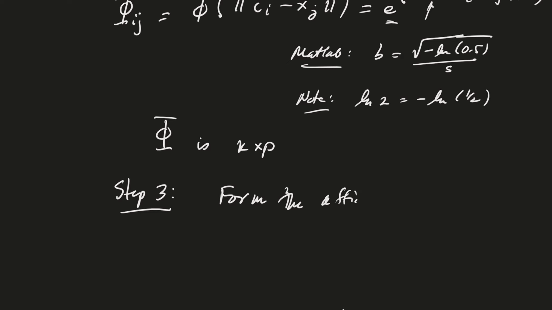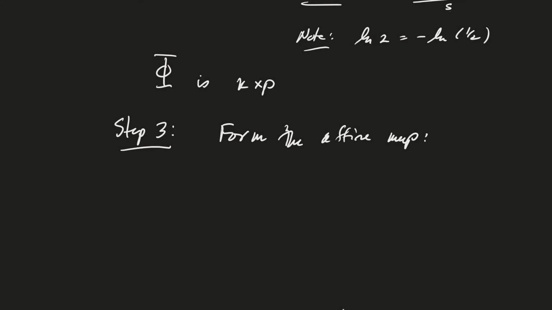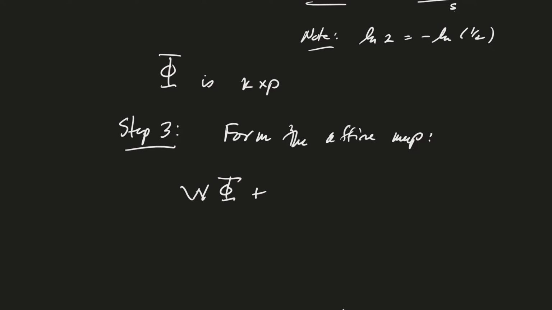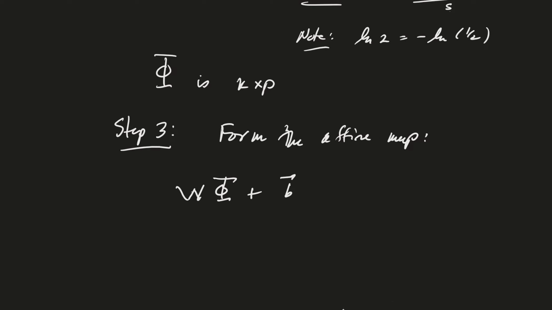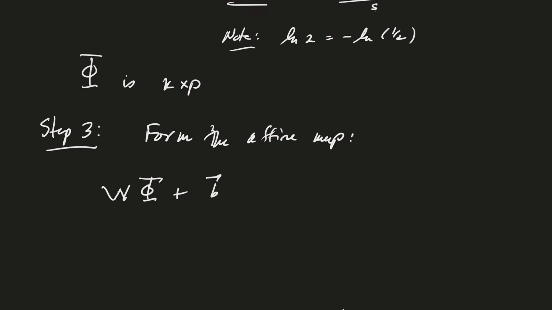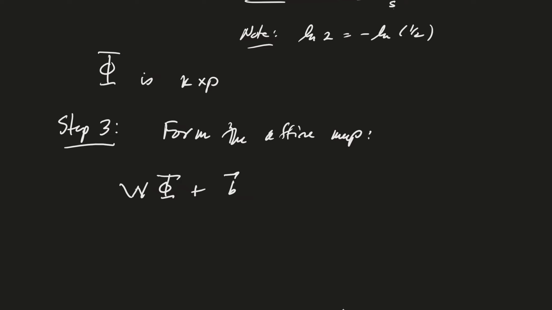You could skip this step if you want, but it's good to be sure what you're doing. So we're going to take our weight matrix W times our design matrix Phi. We're going to add in our bias terms B. Now remember, this is not linear algebra notation, because in linear algebra you cannot add a vector to a matrix. And so this is going to be equal to our target values T.